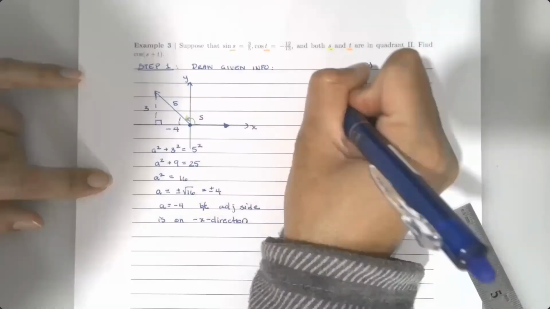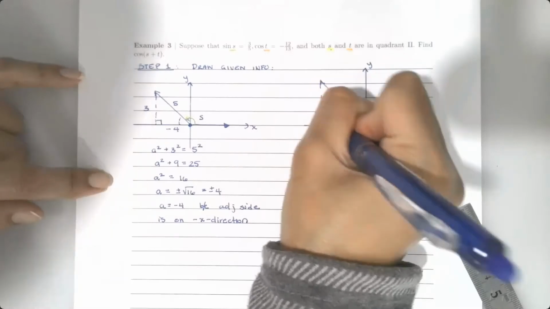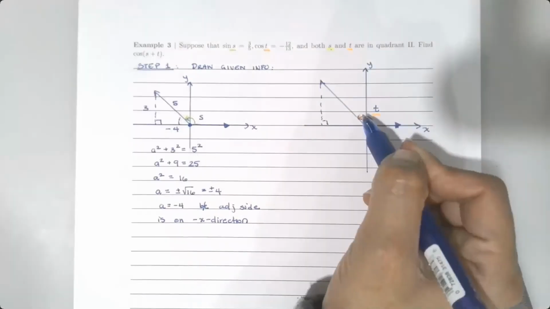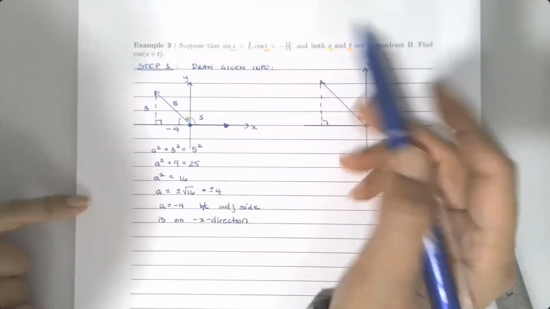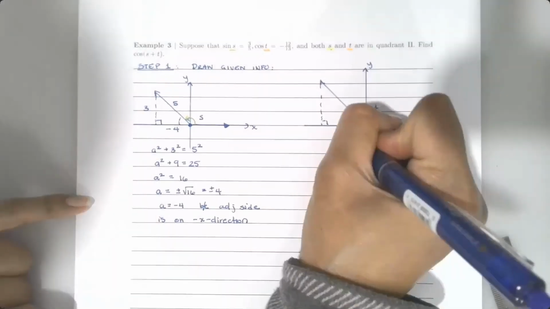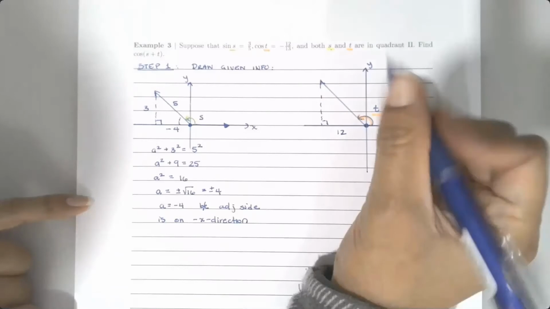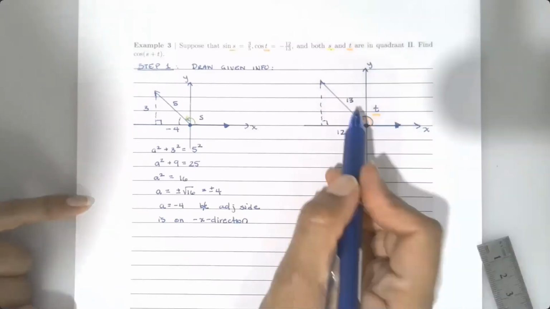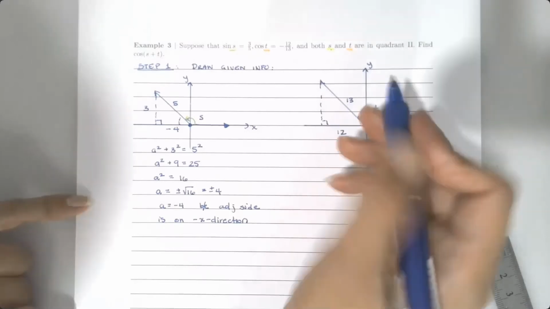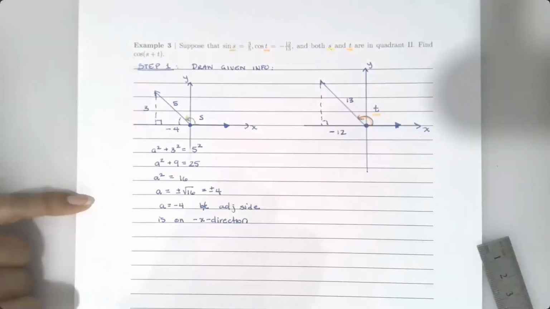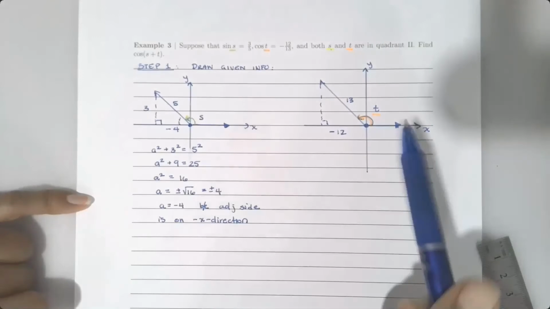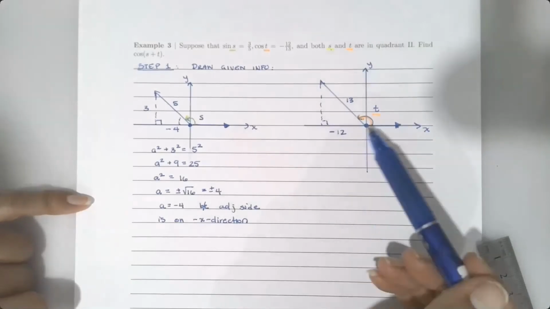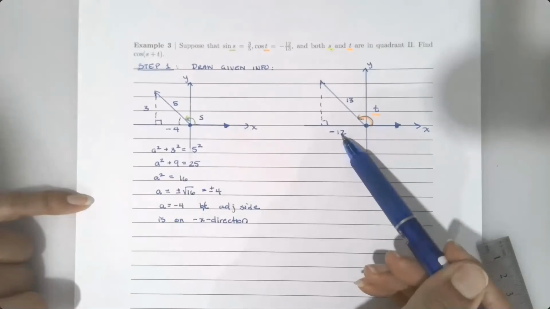So if we draw this right triangle, cosine is adjacent over hypotenuse. So the adjacent side is either going to be positive or -12. And the hypotenuse is always positive, so it definitely needs to be +13. That means that the negative is forced on the adjacent side. And that makes sense because we are going in the negative x direction. Okay, so -12 for adjacent side, 13 for hypotenuse.